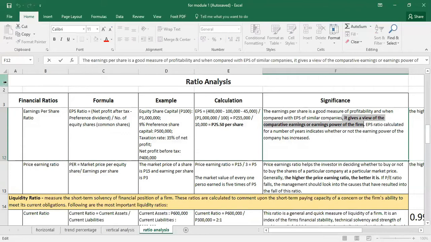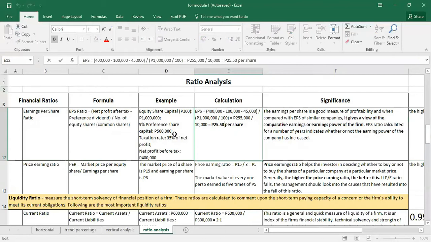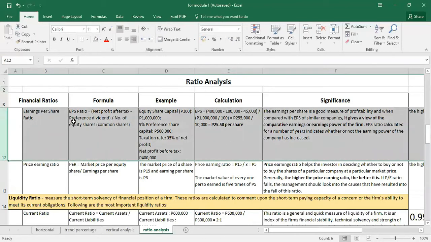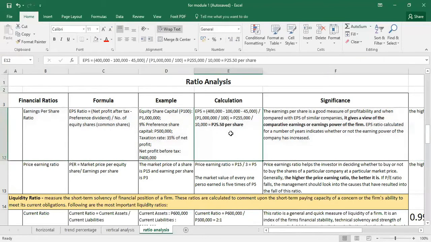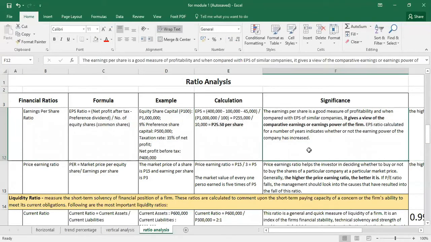For example, kada share of common stock, based dito sa computation natin, ay mag-earn ng 25 pesos. So, for example, nag-compute ka ng EPS ng McDonald's, ang taas ng sales nila, ang taas ng revenue, and so on, ang taas ng assets nila. Pero pagdating pala sa earnings per share, 20 pesos lang yung earnings per share nila.